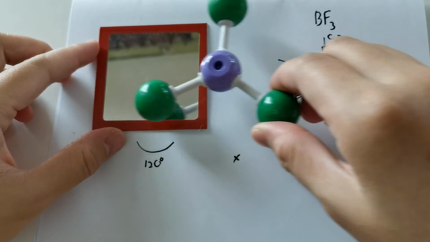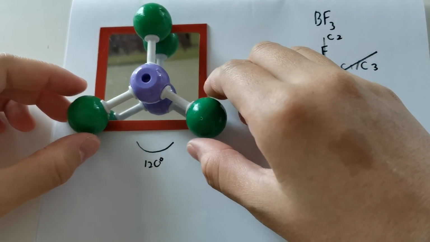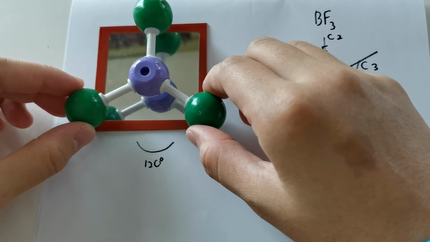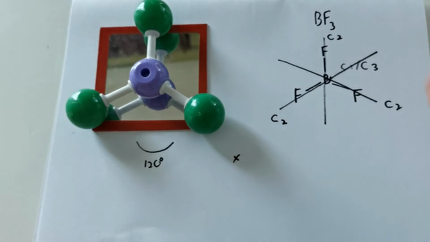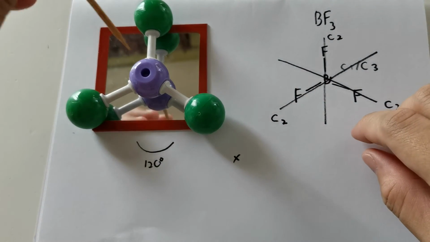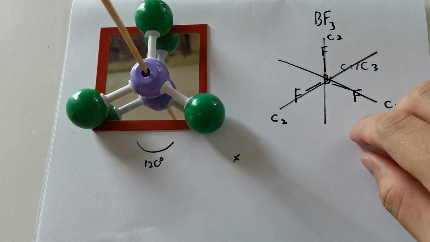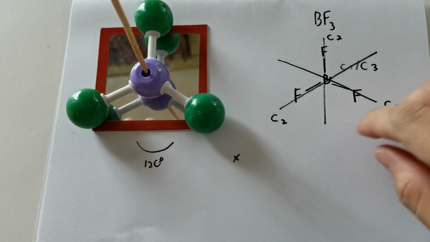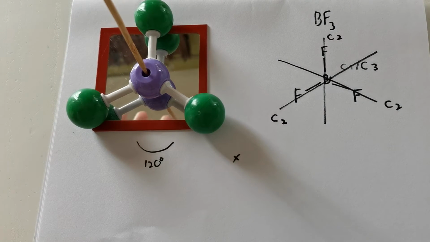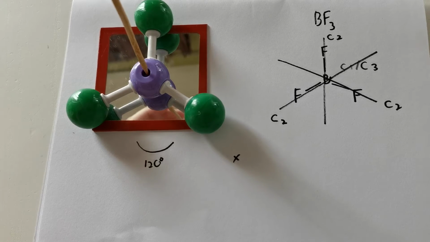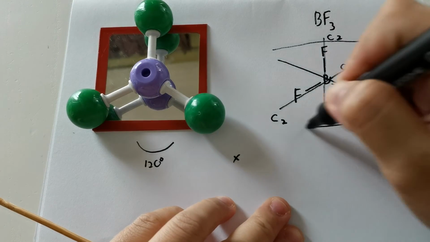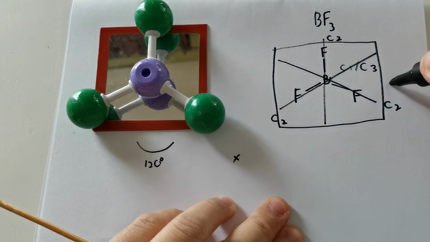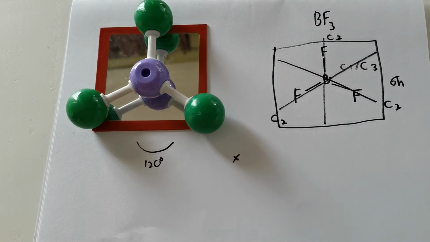After reflection, we get the same configuration before and after. This plane is perpendicular to the main axis, the C3 axis, so it is known as the horizontal plane. We draw it like this and label it sigma H, horizontal plane.